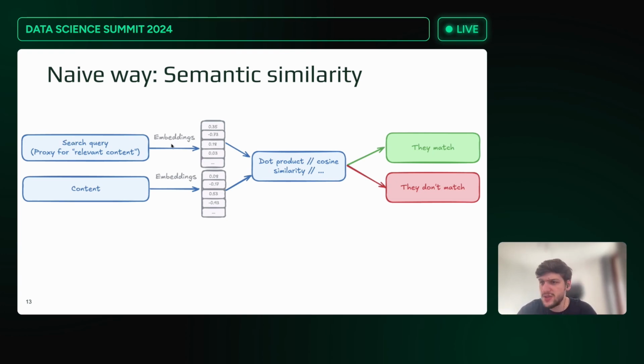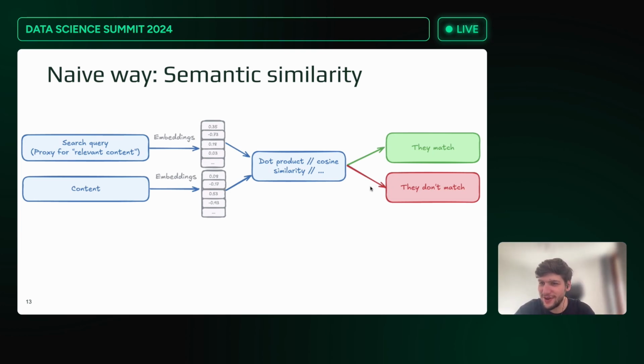We use some sort of BERT-style encoder model, anything transformer based these days, and we produce embeddings for both the search query and the content. Then we use some similarity metric, so cosine similarity or the dot product. Based on whether the result is above a certain threshold, we say those things match or they don't match.